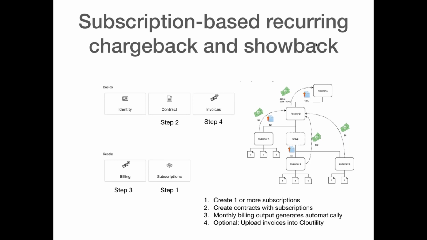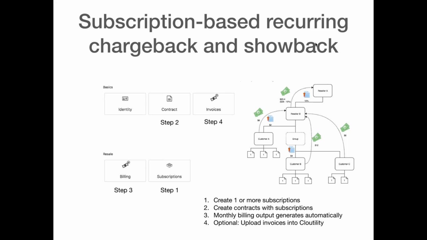The last step in billing that you can do with Cloutility is that once you have created the actual invoices in your financial system, whether this is Navision or SAP or whatever you're using for creating invoices, you will be able to send those invoices back into Cloutility through a REST API. Then these invoices will be available for your customers in Cloutility.